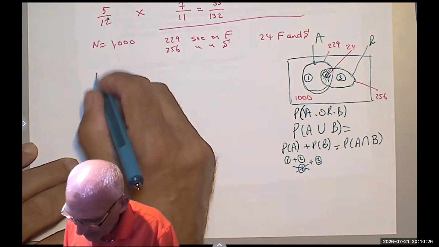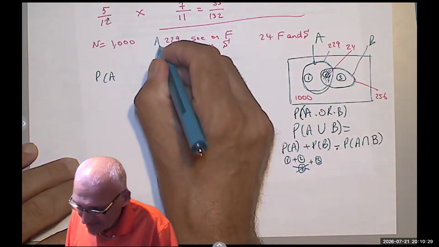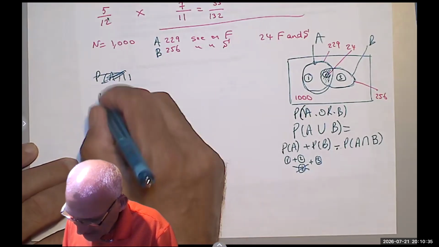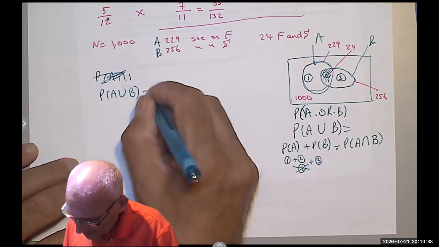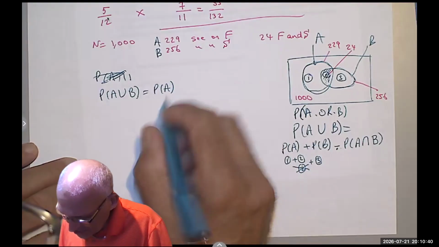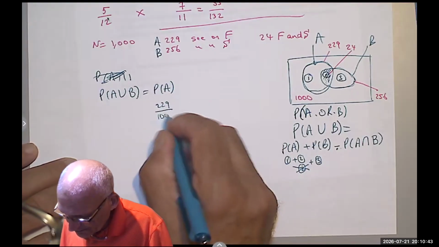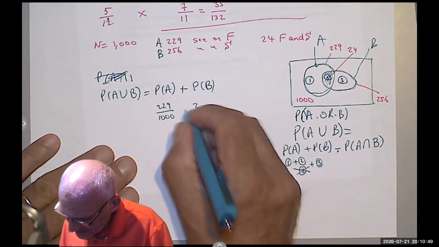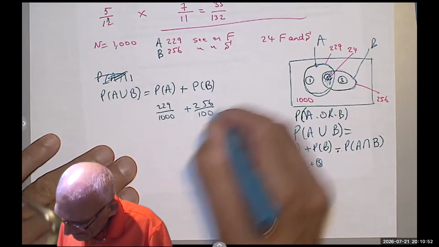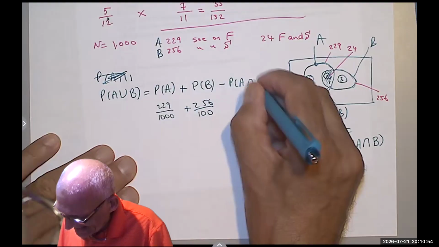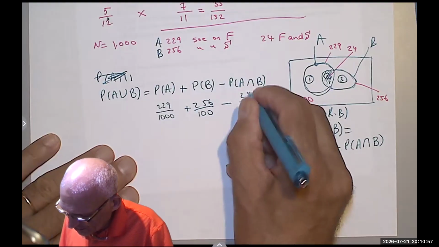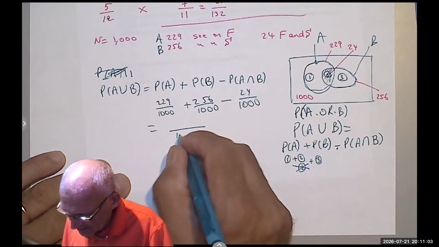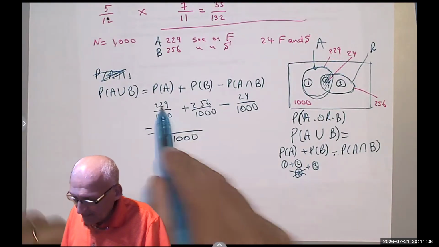So if I say the probability of A, assuming this is event A and this is event B, or B, the probability of A or B, it's the probability of A, which is 229 over 1000, plus the probability of event B, which is 256 over 1000, minus the probability of A and B, minus 24 over 1000, equals over 1000. 29 minus 24 is 5.